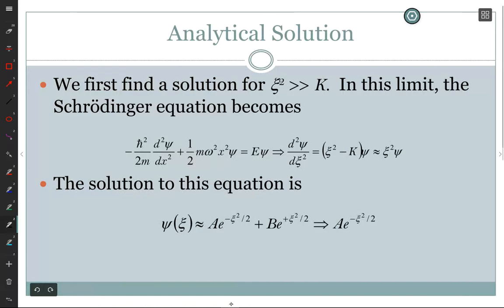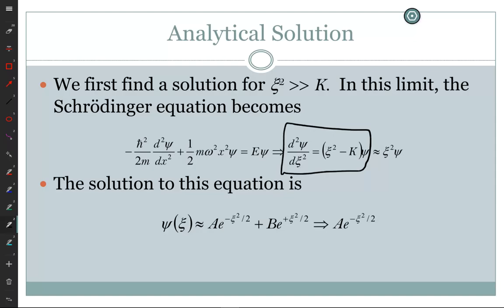So here you see that's the same Schrodinger equation I just wrote out. And we're going to take our brute force method by saying, first of all, I can't solve this. And since I can't solve this, let's imagine the situation where c is much, much bigger than kappa.